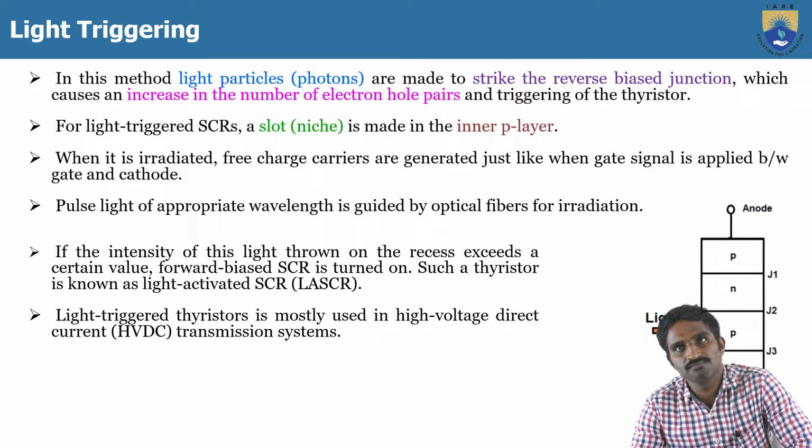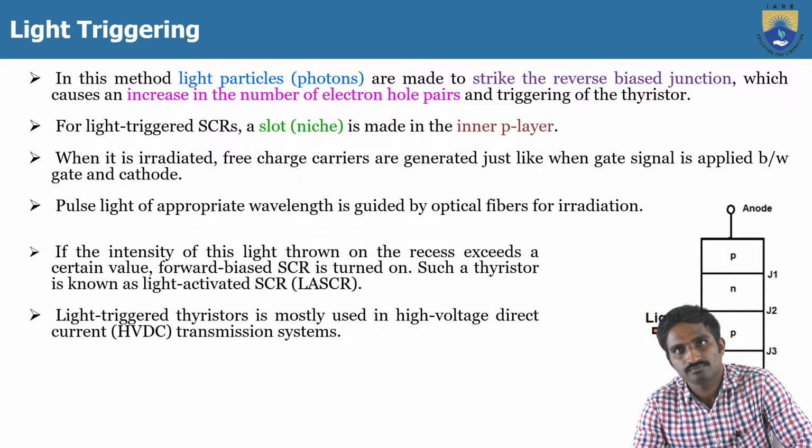In this method, the light particles, which means photons, strike the reverse biased junction or near the reverse biased junction. As we can see, in the internal structure of the SCR, there are PN layers with three junctions. Because we have applied the forward voltage across the anode and cathode, junctions J1 and J3 are forward biased and junction J2 is reverse biased.